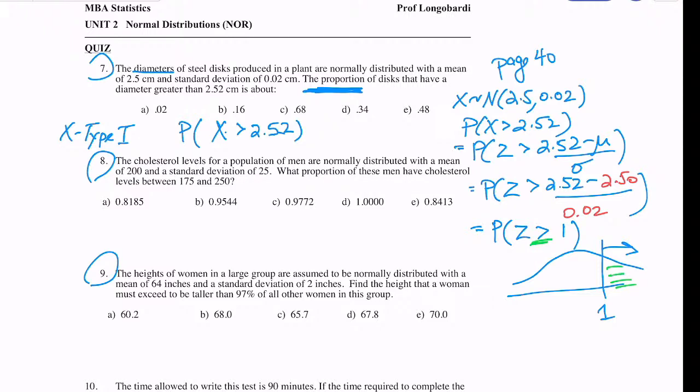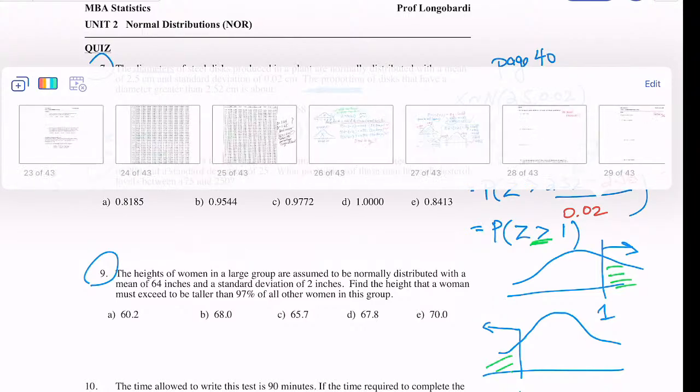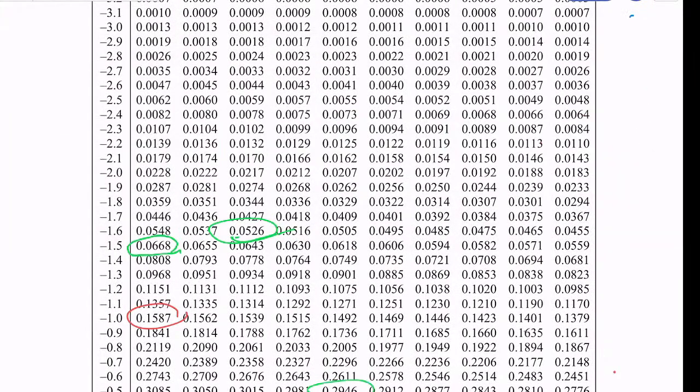It's like 16. So now go into your table to figure out where you get this. You can either look up on the negative side, because of the symmetry, it should be the same on this side as on the right side. And when you look it up on the negative side, what do you get? Remember this number?